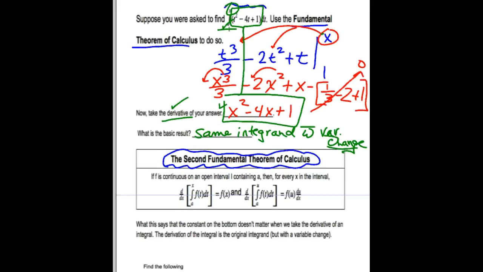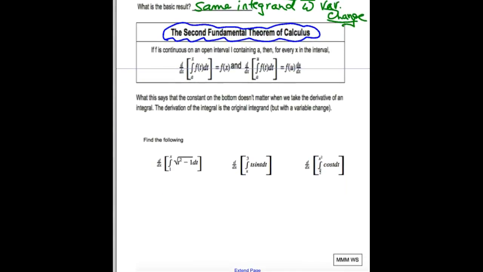So this is what the theorem says, taking my words and putting them into a theorem. It says if you take the derivative of an integral from a constant, and that's worth pointing out, it does need to go from a constant because remember that caused that whole bunch of stuff to disappear when I took the derivative.